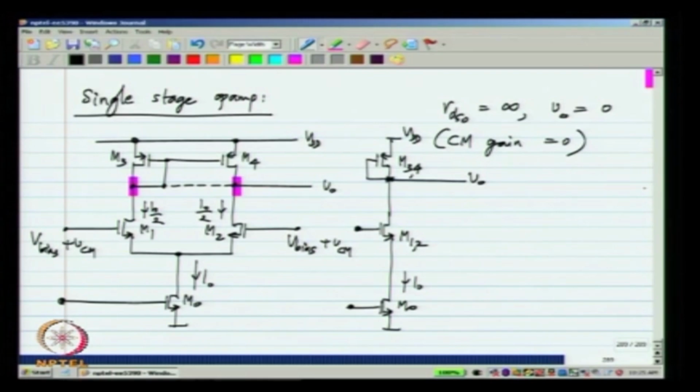And V bias plus VCM is applied there. Now, as we saw before, the transistor M12 behaves like a source follower. So, any signal at the gate appears at the source with a gain of almost unity.